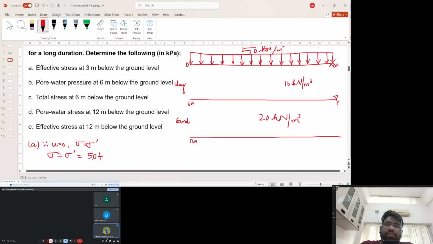So 50, which is due to surcharge, plus the remaining is due to the clay layer that is present over the considered point, which gives us 16 into 3. Let this be some point A, which is 3 meters. 16 into 3, which is 48, plus 50, gives us 98 kilonewton per meter square.